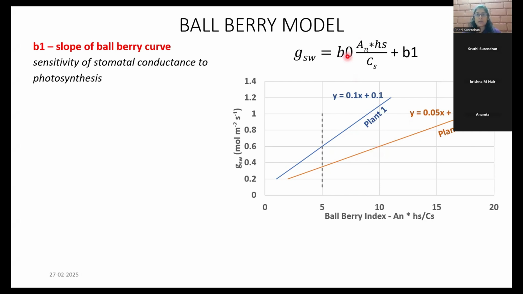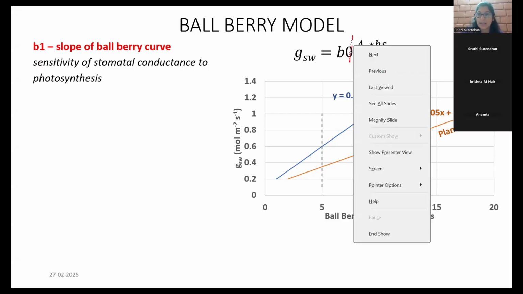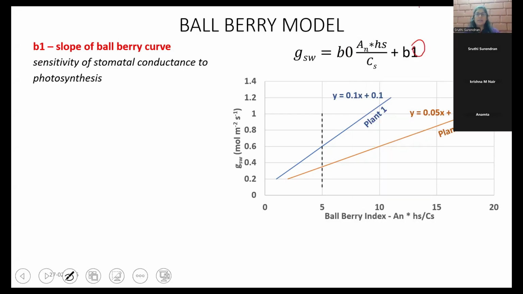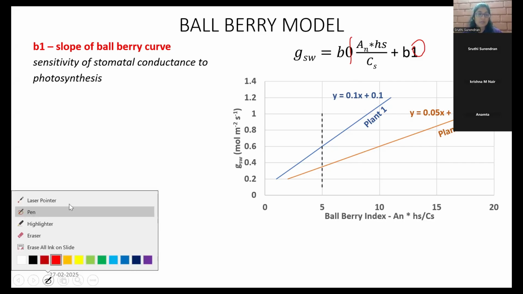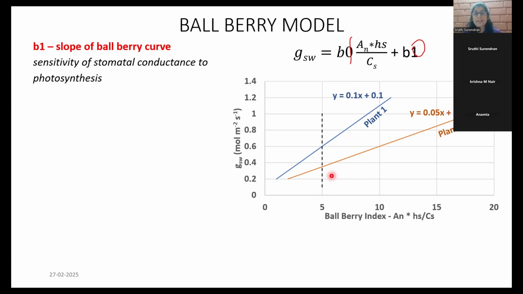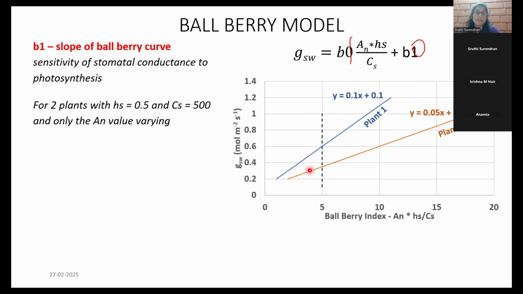So here in the Ball-Berry equation, this is B1 and this is B0. Okay, so the slope is giving the sensitivity of stomatal conductance to photosynthesis, and the intercept is giving us the baseline conductance, so the stomatal conductance when the photosynthesis is negligible or not existing.